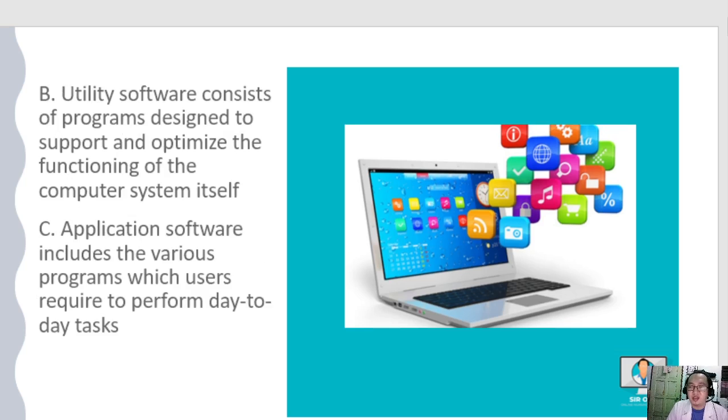Next is utility software. I hope you can see it, it's grayish in color, in font. Utility software consists of programs designed to support and optimize the functioning of the computer system itself.